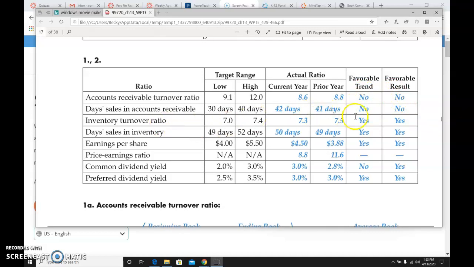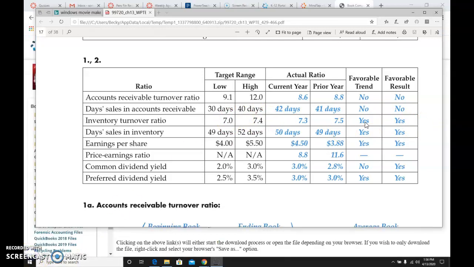Then the inventory turnover ratio went from 7.5 to 7.3 times. And it's in the range, so that's good. And just so you know, I would not really consider that a favorable trend when it's going down, that I was only able to sell my inventory 7.3 times instead of 7.5, but the key says yes, and that's what you should use.